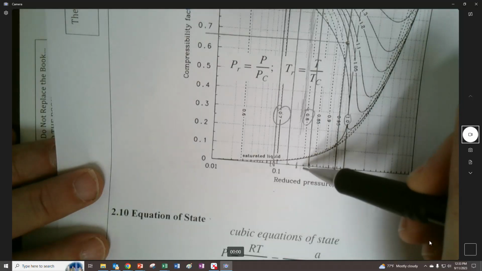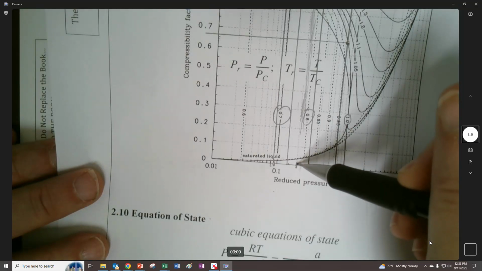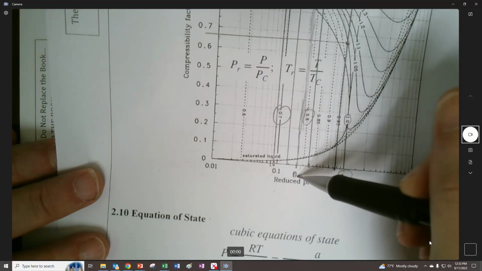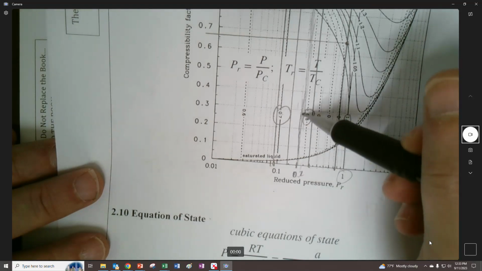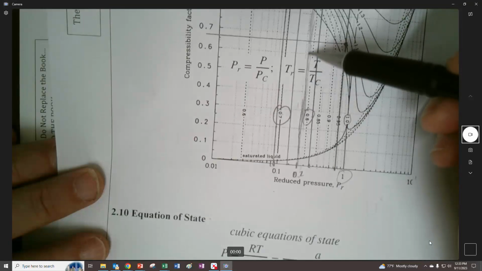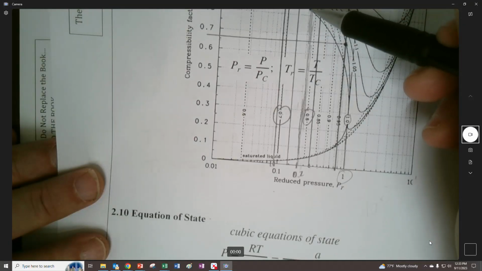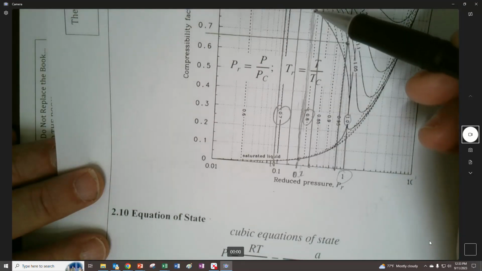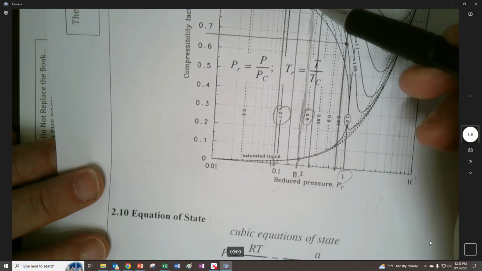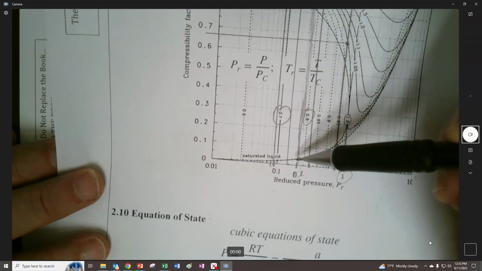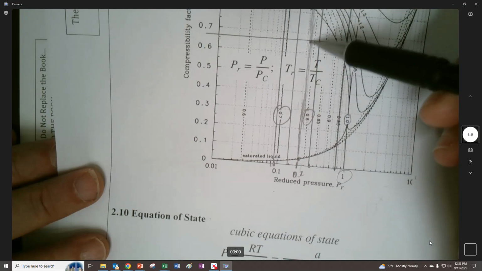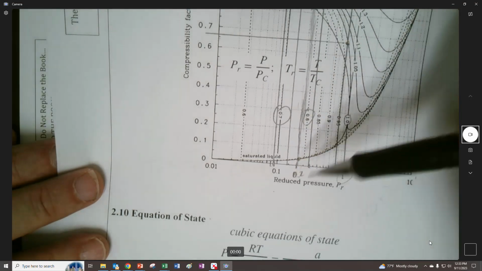So 0.2 of the reduced pressure is kind of in line with this, right there. If we think it's going to be on this line, if right here is saturated gas and right here is saturated liquid, all right, so this is the majority of gas. Here's the majority of liquid, and we're down here somewhere, but it doesn't matter. We're going to be in between these two places.